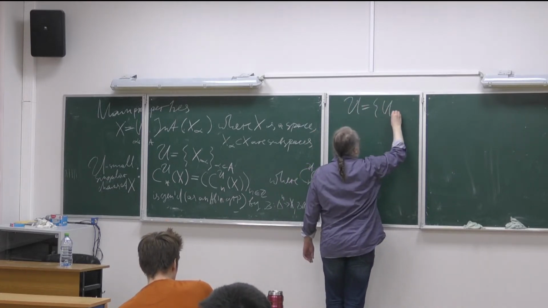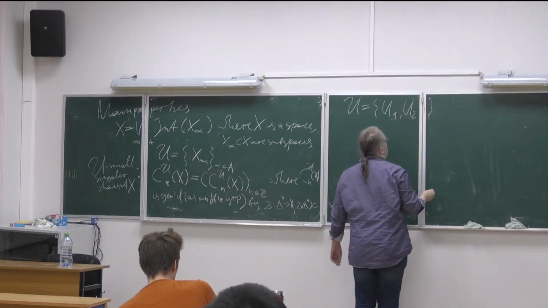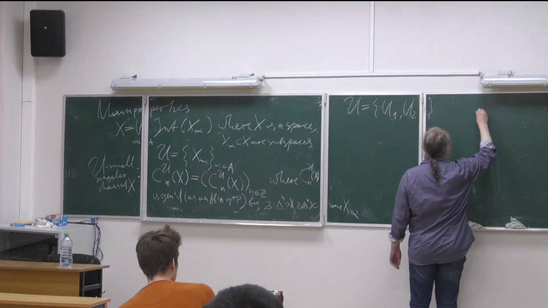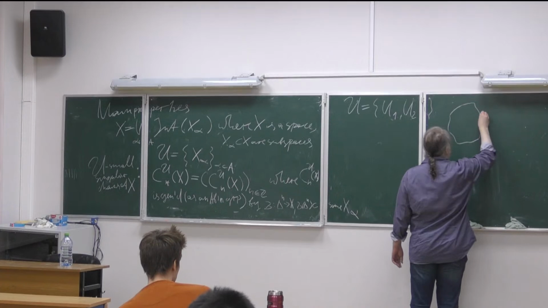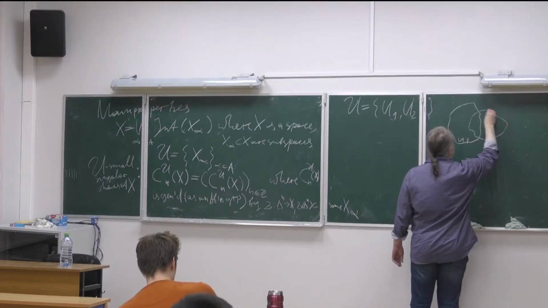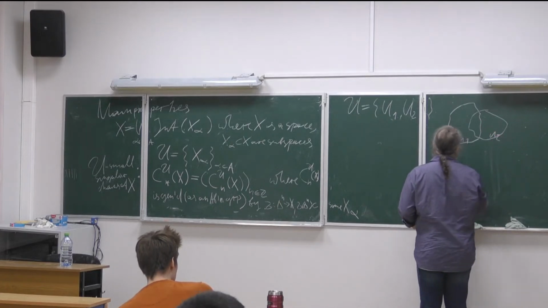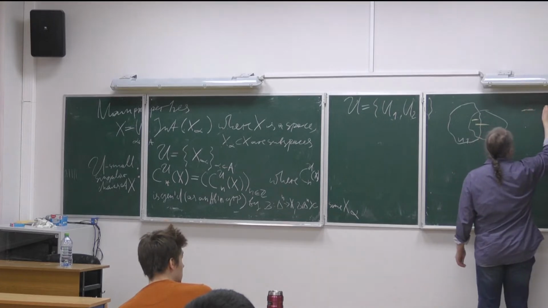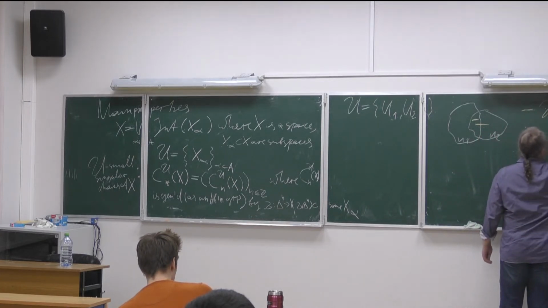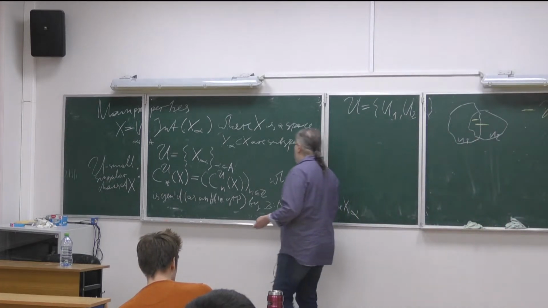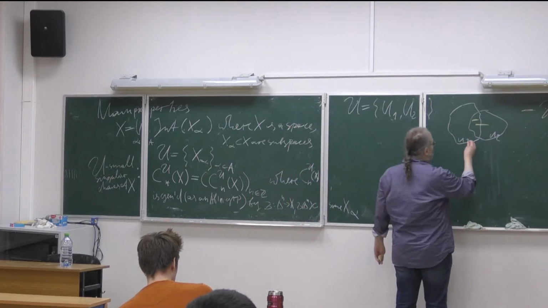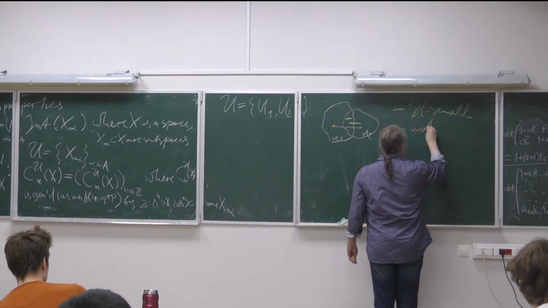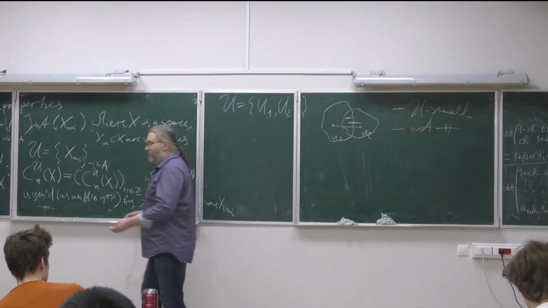Well, for example, the yellow simplices would be U small, and the orange one will not be U small.